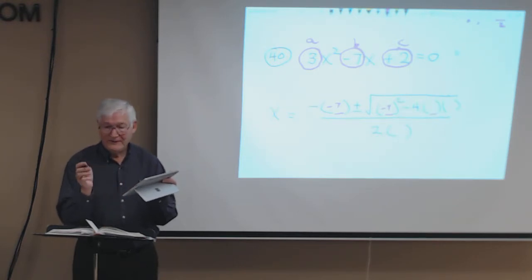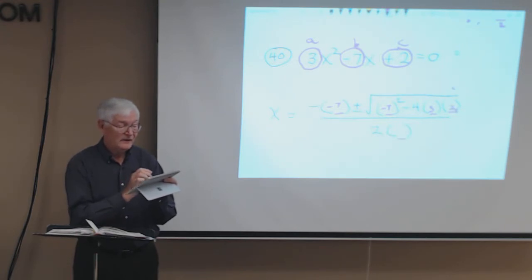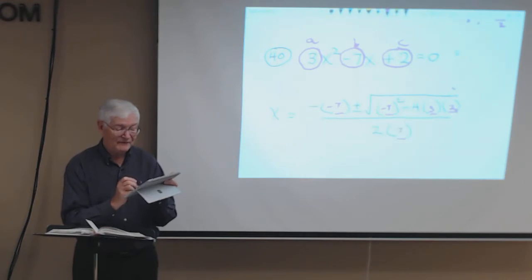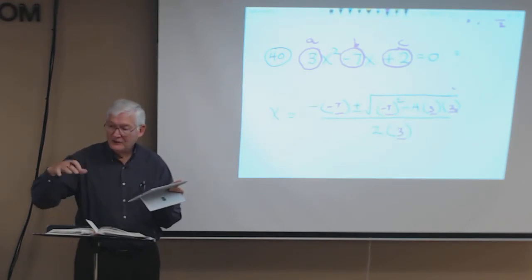In the formula. Do you have it written down somewhere? A, so that's 3. And what goes here? The letter C. And that would be 2. And then what goes down here? A, that would be 3. Everybody follow? You do the same process every time. But you have to have the formula on your paper somewhere.